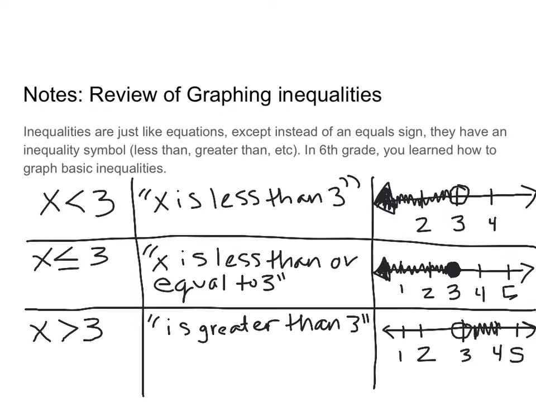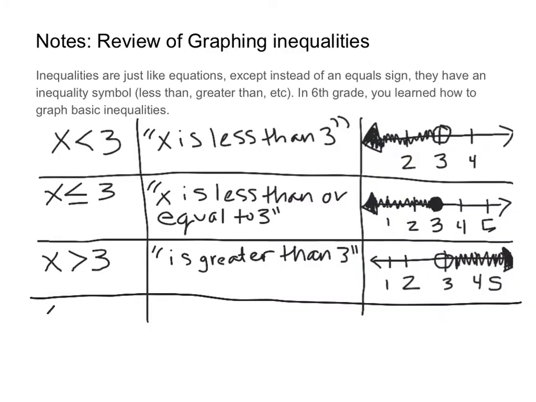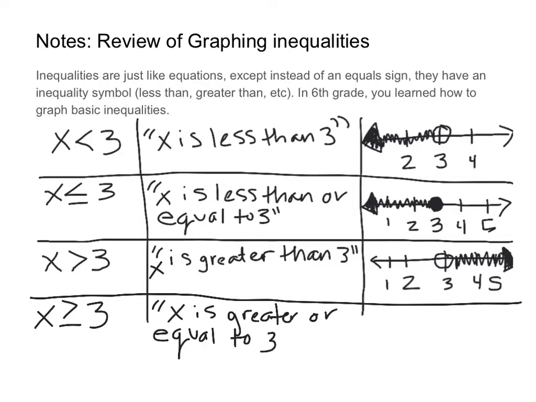We're going to do an arrow going up, indicating that. And finally, we'll do x is greater than or equal to 3. The only difference here being that the dot is going to be shaded in rather than left open.